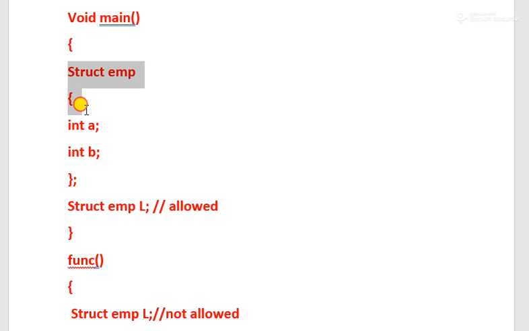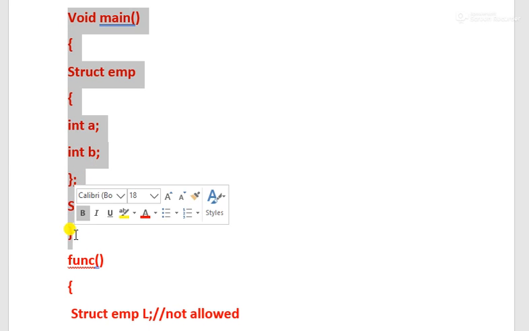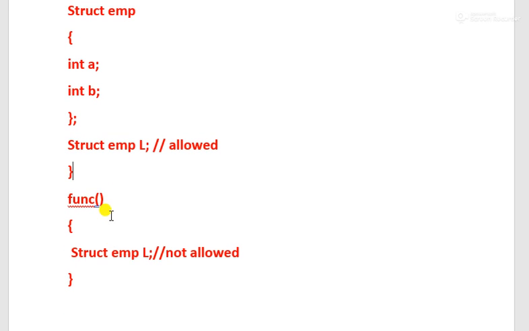I can create a variable for that structure within this main function. Outside of the main function, the structure has no identity. Nobody knows about the structure outside the main function.